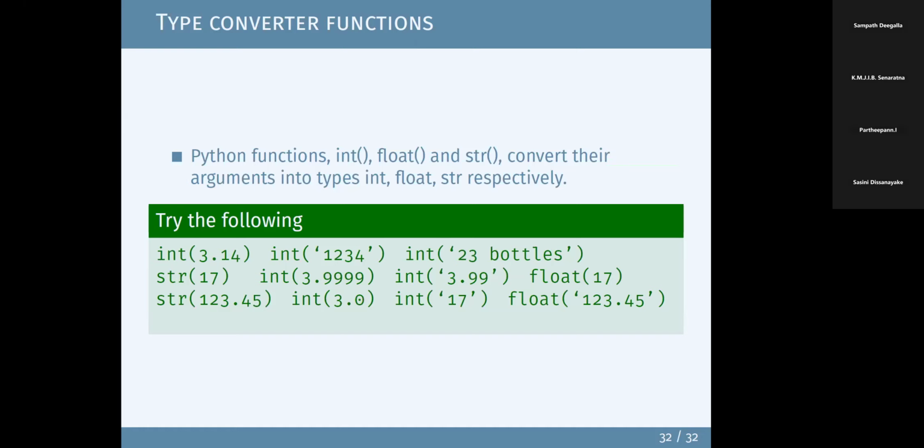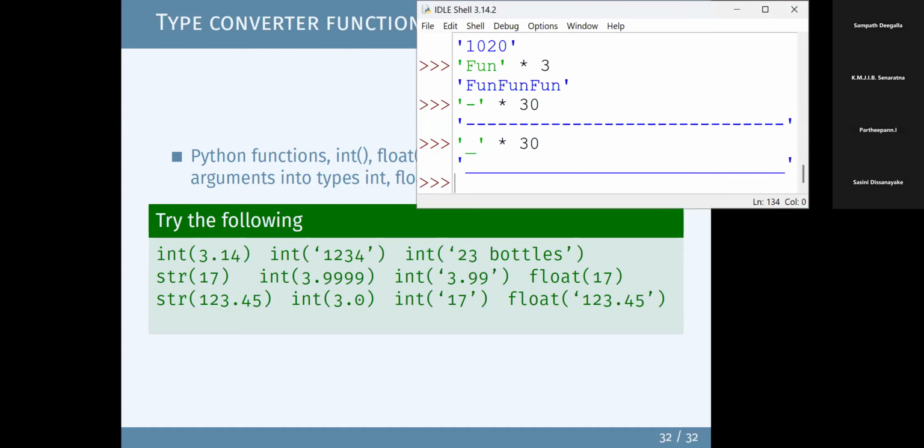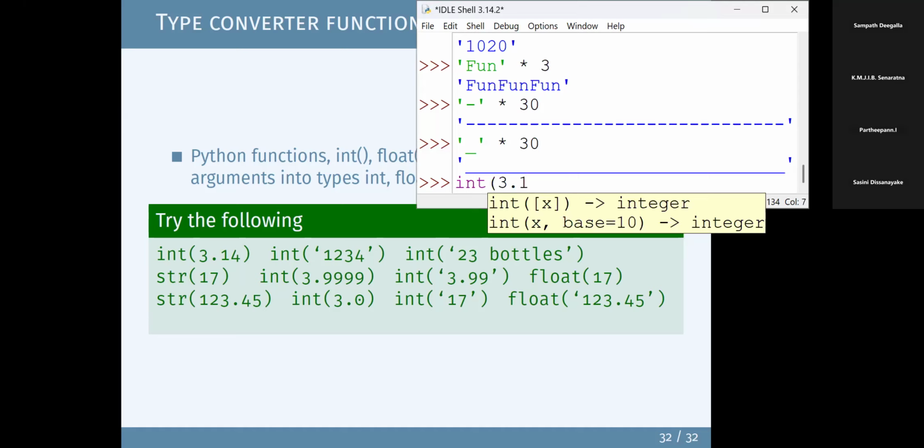Next, we need to use converter functions, type conversions. What I mean by this is basically if you have data types, sometimes we need to convert between them. For example, let me start with the first one. You will observe that we have a float number 3.14, but we are trying to convert it to an integer value.